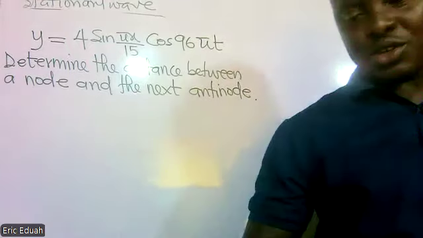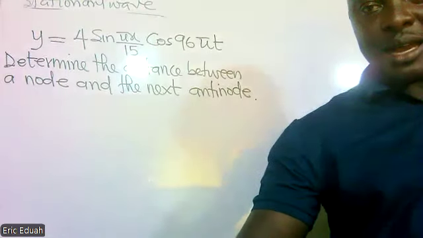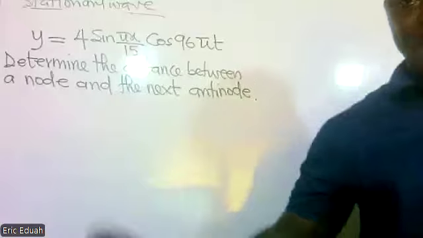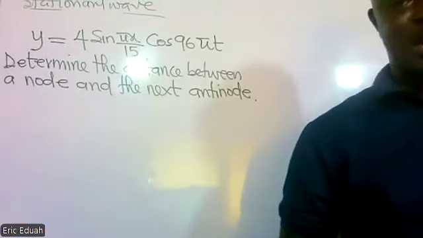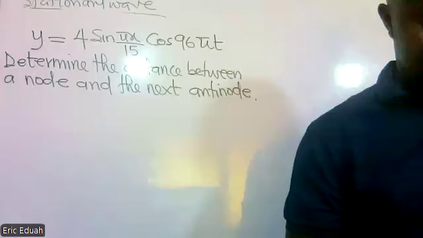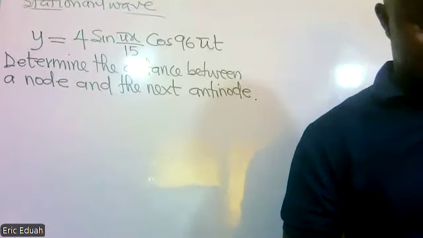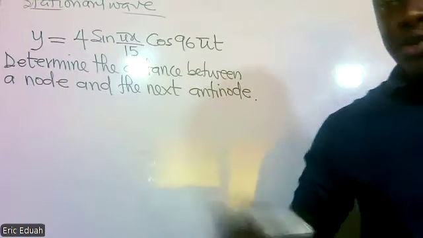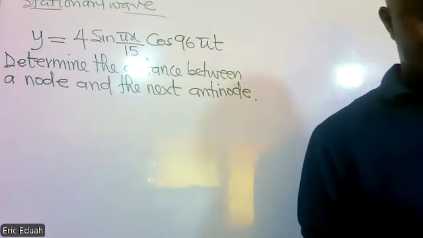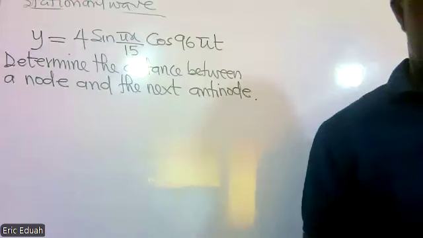Hey, nobody is talking. Looking at the equation given, is that a stationary wave? Yes, please. Why do you think so? Why do you think this is the equation of a stationary wave?